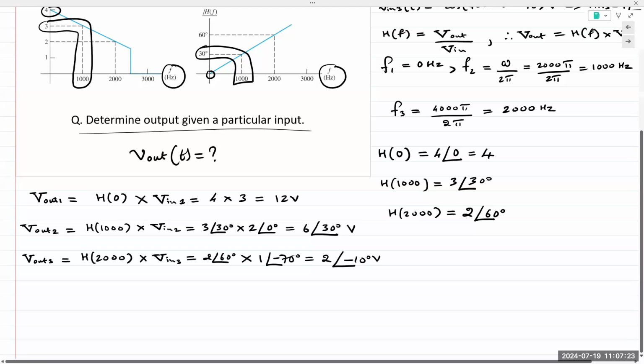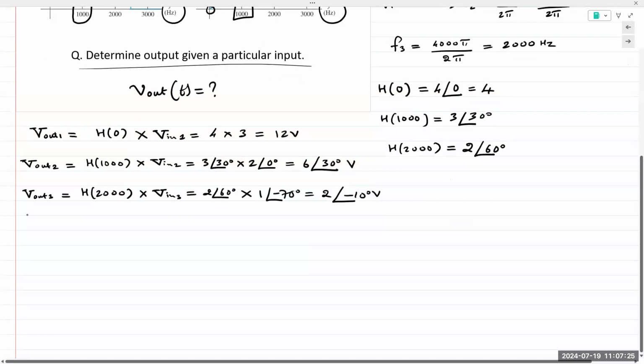And your final answer is being asked as a function of time. So V out of t, you would again add them all up. Just write it out exactly as the input problem statement. So 6 cos of 2000 pi t, frequency does not change.